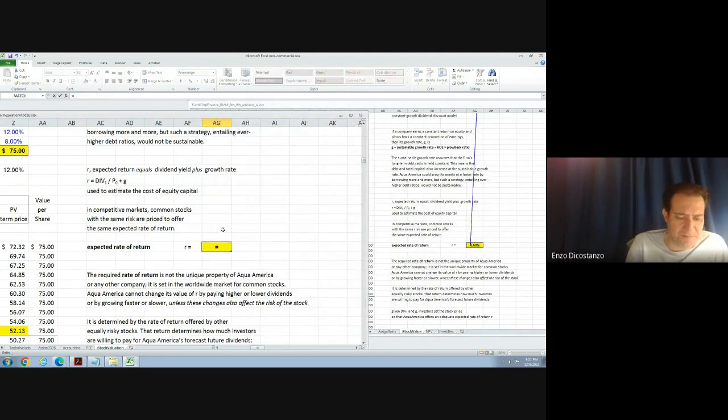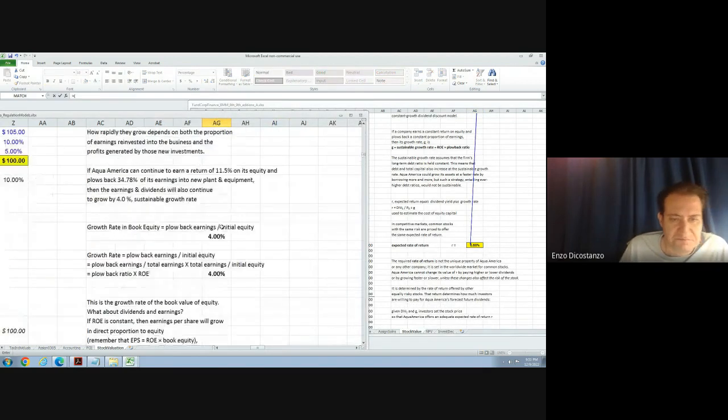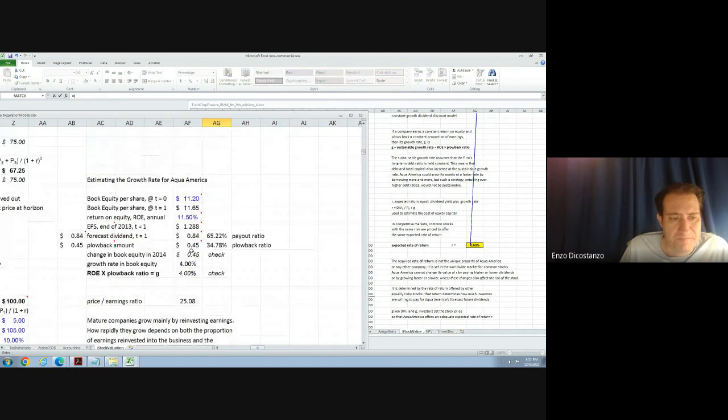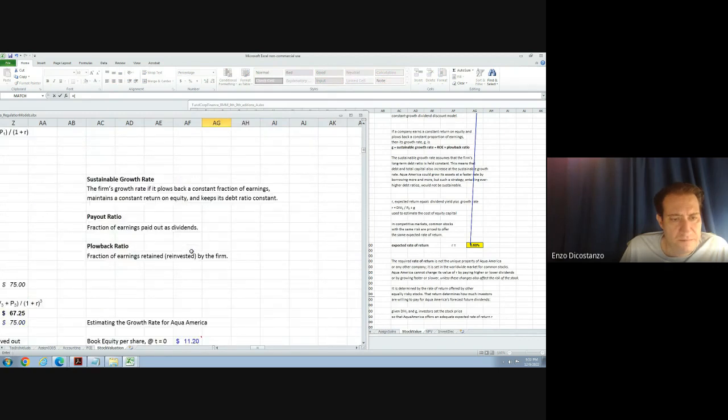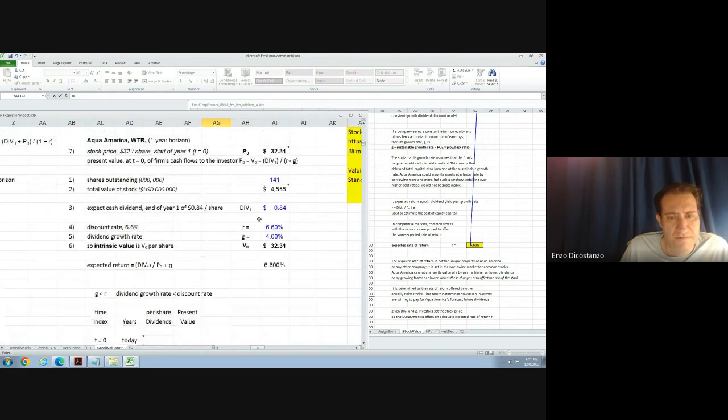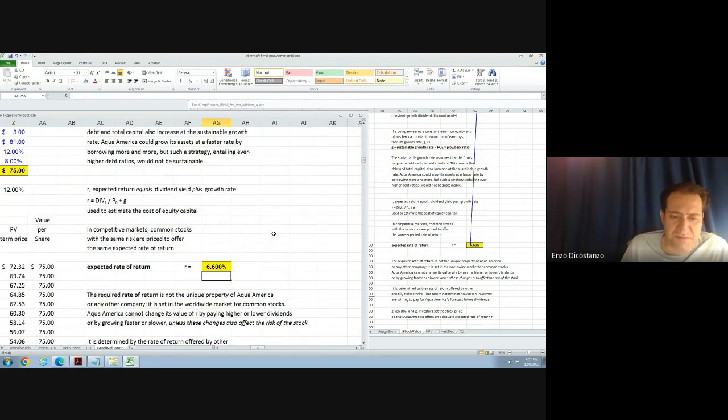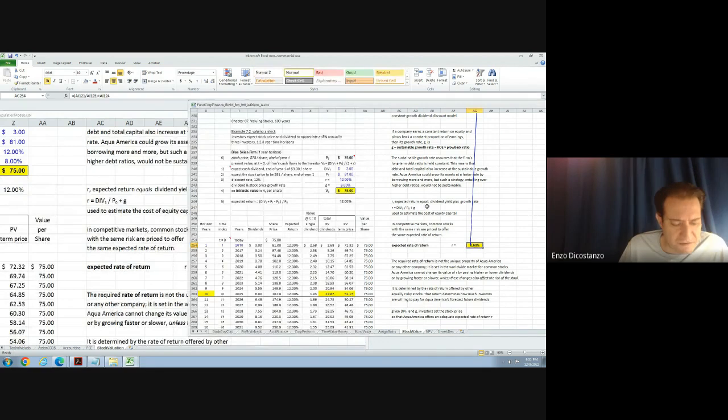All right, divided by the price, which is the 32, plus the growth rate. Yeah, there's your 6.6%, and we just validated that the expected rate of return is all we did there.